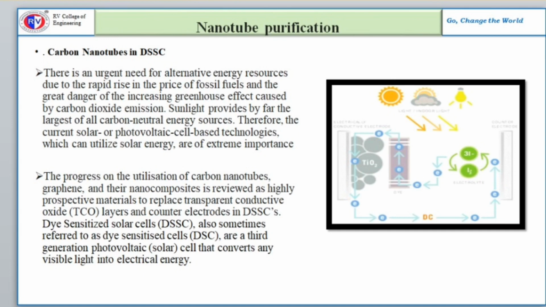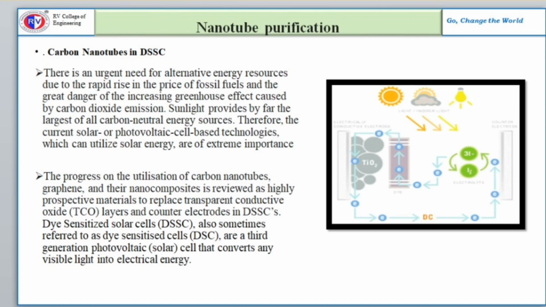The progress of utilization of carbon nanotubes, graphene, and nanocomposites is reviewed as highly prospective materials to replace the transparent conductive oxide TCO layers and counter electrode in dye-sensitized solar cells, also sometimes referred to as DSC, as a third generation photovoltaic cell. The process of purification was explained in this diagram.